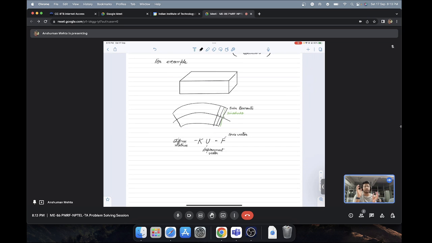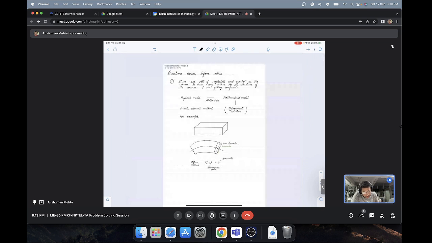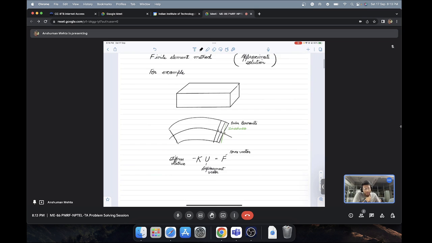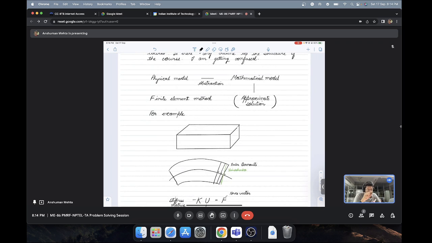So we are converting the large body into some smaller pieces, and now we are formulating for this smaller piece, that is called the weak form of one element, and then we are assembling it, and then finally we get a global matrix, and we try to solve it and find the values of the missing U and F. So this is the general procedure by which we start with a physical model, and in this course we actually start with a mathematical model, so abstraction is not covered in this course.